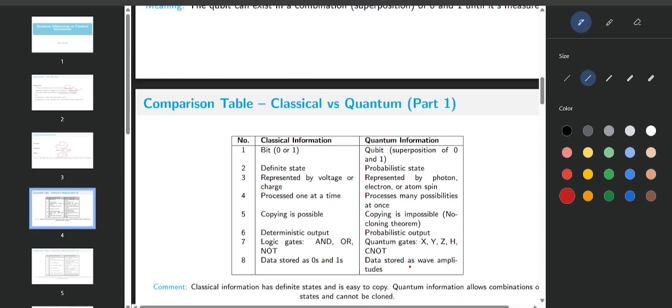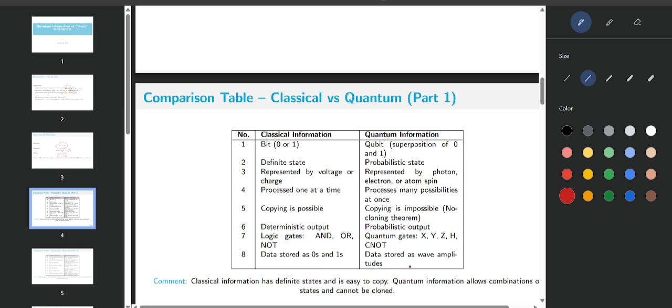Okay, so I have listed some major differences between classical and quantum information. Classical information is definite, it is either 0 or 1, whereas a qubit is a superposition of 0 and 1. Classical bits are represented by voltage or current, while quantum information uses tiny particles.